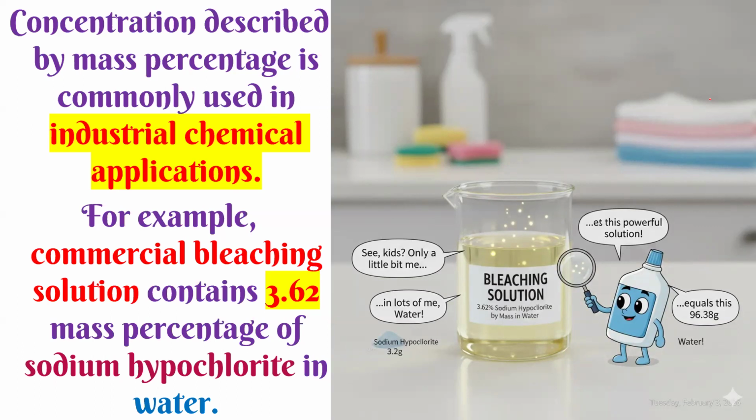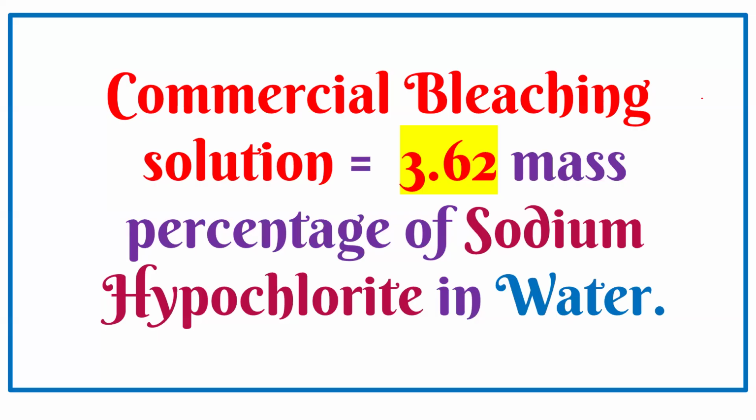So if we take a 100 gram solution, we have 3.62 gram of sodium hypochlorite and the remaining 96.38 gram is water. Commercial bleaching solution is 3.62 mass percentage of sodium hypochlorite in water.